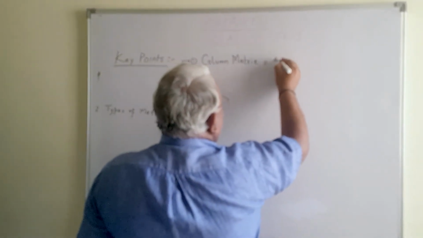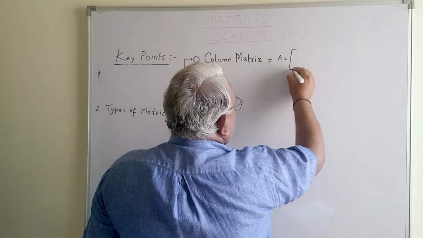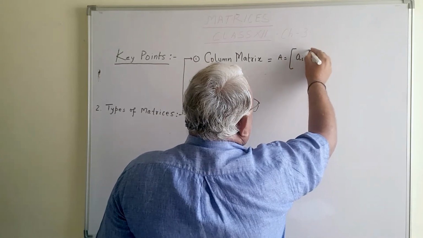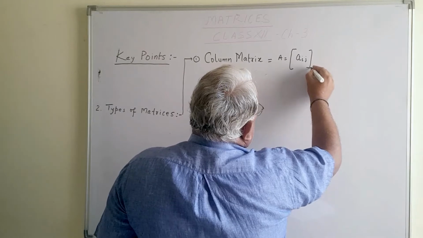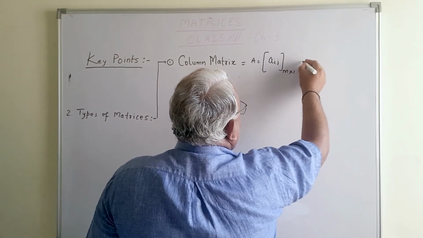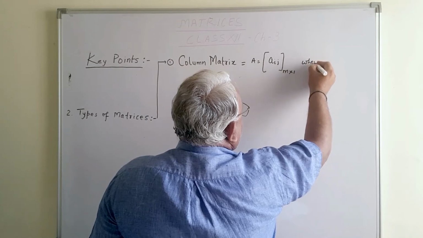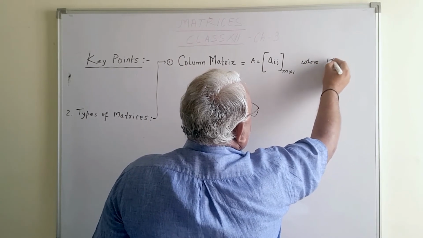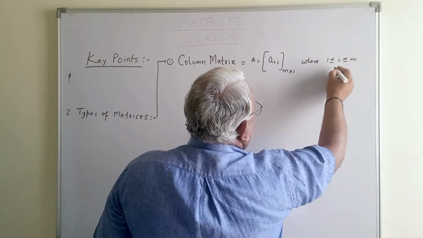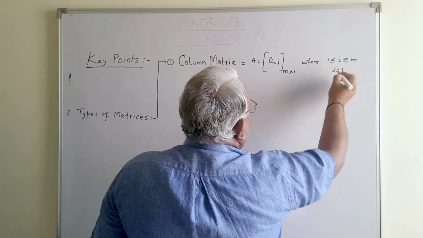A is equal to Aij, m cross 1, where 1 is less than or equal to i, which is less than or equal to m, and j is equal to 1.